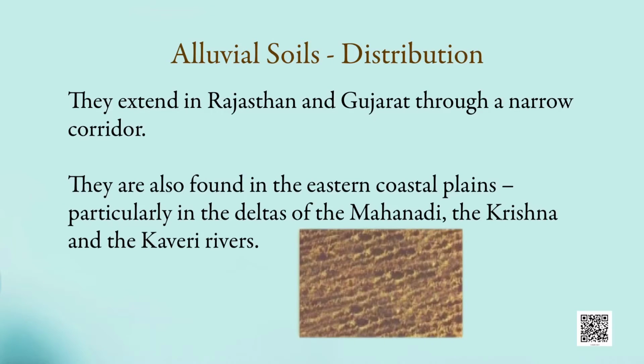Children, try to find out, where do you find the alluvial soils? So let us find out the distribution of these soils. They extend in Rajasthan and Gujarat through a narrow corridor, and also found in the eastern coastal plains, specifically in the deltas of the Mahanadi, the Krishna and the Kaveri rivers.